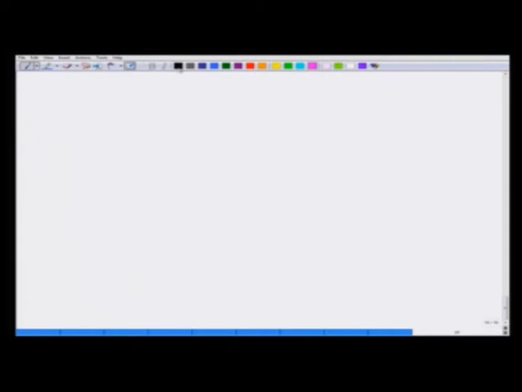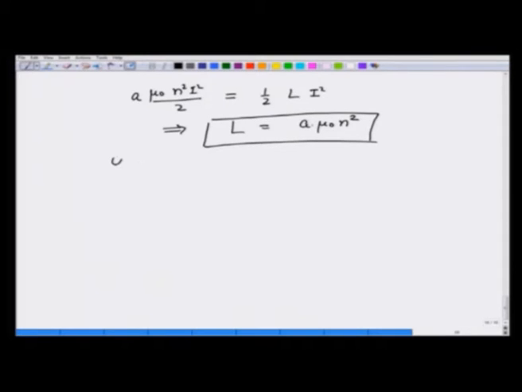This should be equal to 1/2 L I square, and this gives L is equal to A mu 0 n square. This is the inductance per unit length. This makes sense.